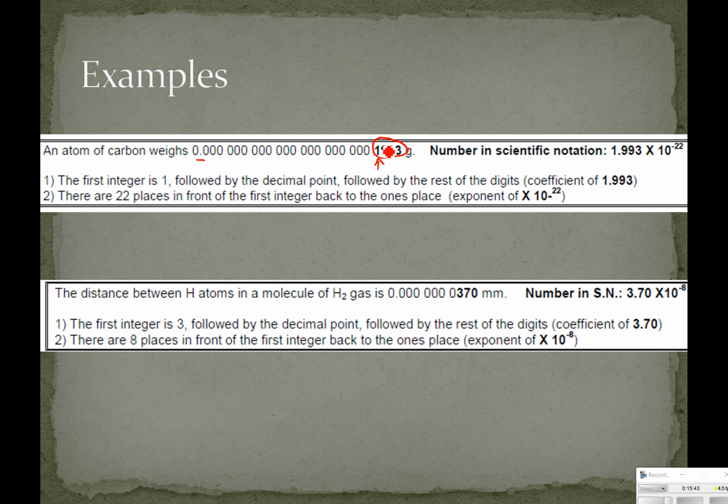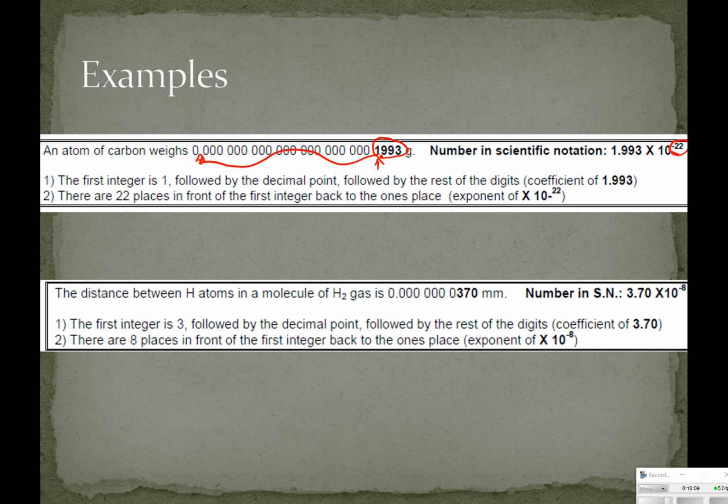At this point, we count the number of spots back to the ones place. And the amount of spots that we move becomes our exponent. And since we're moving it to the left, it's going to be negative. So negative exponents always indicate a number that is less than 1, whereas a positive exponent indicates a number that is greater than 1.